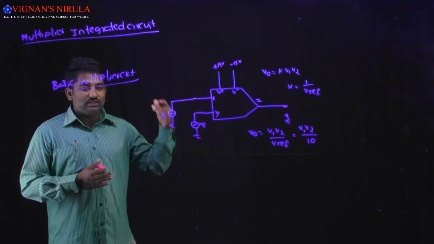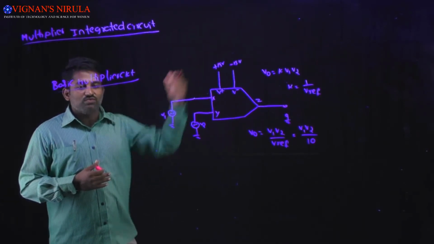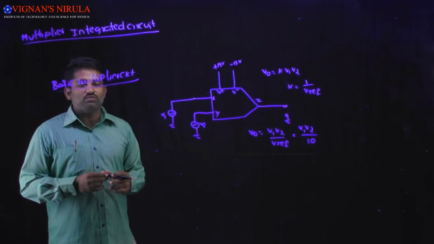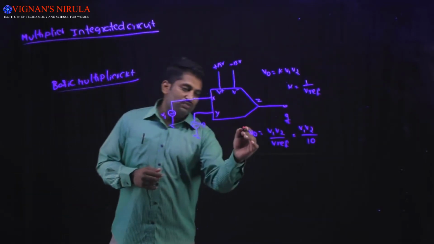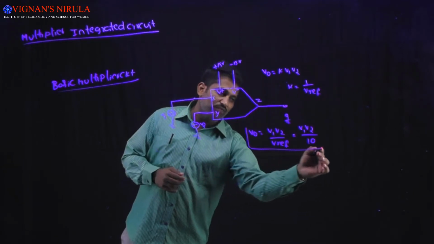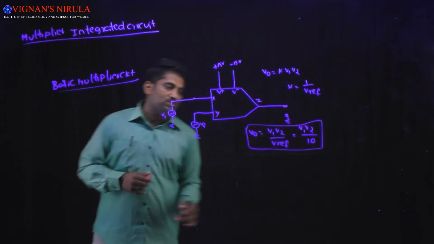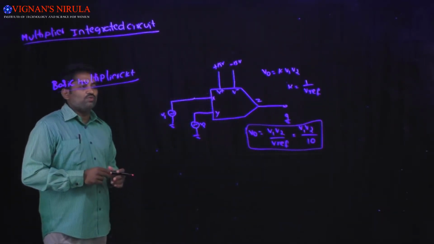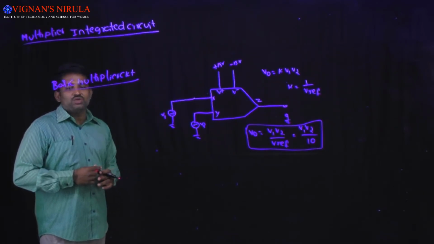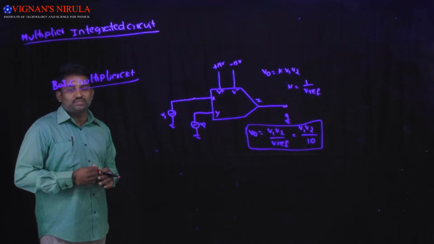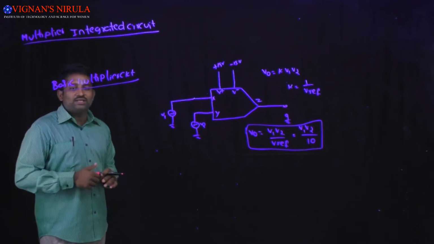Once the inputs cross the V reference voltage, we will get saturated output voltages. So this is very important in the case of active multipliers. So V0 is equal to V1 into V2 divided by 10. Depending upon the usage of the basic multipliers, we restrict the polarities of the inputs.